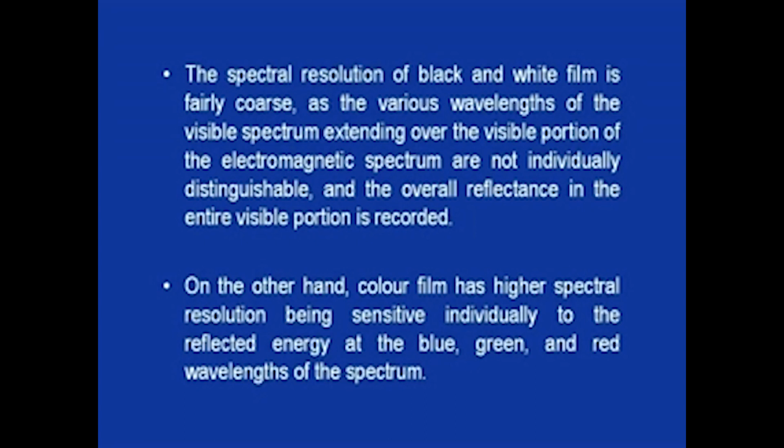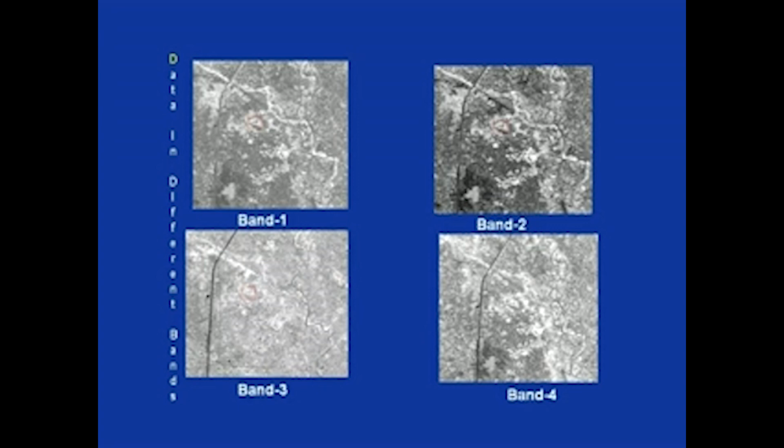On the other hand, color film has higher spectral resolution, being sensitive individually to the reflected energy at the blue, green and red wavelengths of the spectrum. In this particular slide, an attempt has been made to show the impact of looking at the same area at different spectral regions of the electromagnetic spectrum.